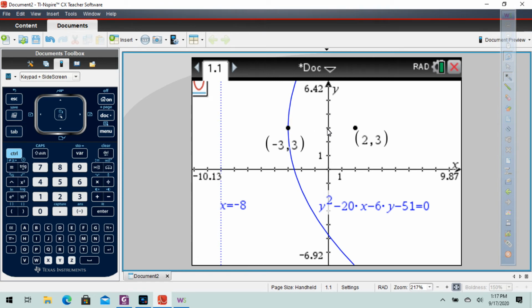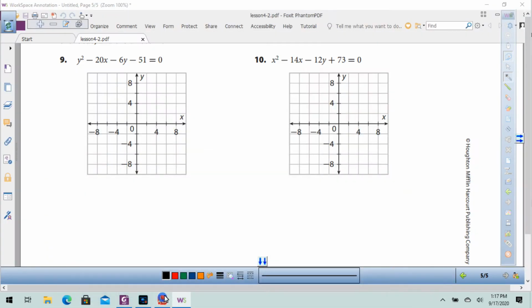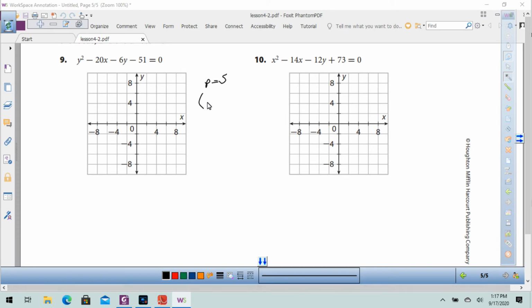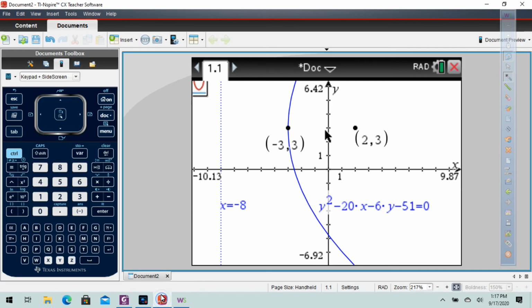Now, based on this, we can find our equation the way we normally do. What's the distance here? 3, 4, 5. So p is 5. We got p equals 5. Then our vertex, what was our vertex? (-3, 3). Right?